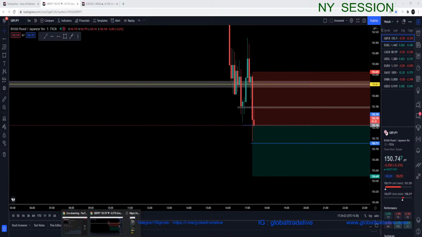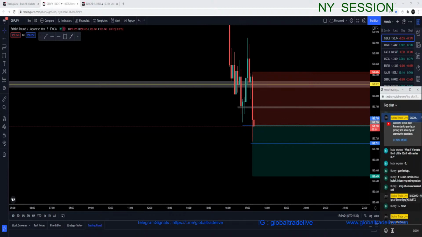Last 40 seconds remaining for the current 5 minute candle to close. Come on, just move all the way down in these 30 seconds. That will give me some confirmations.